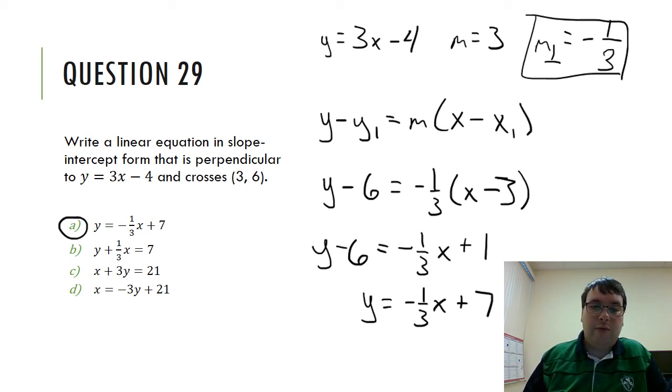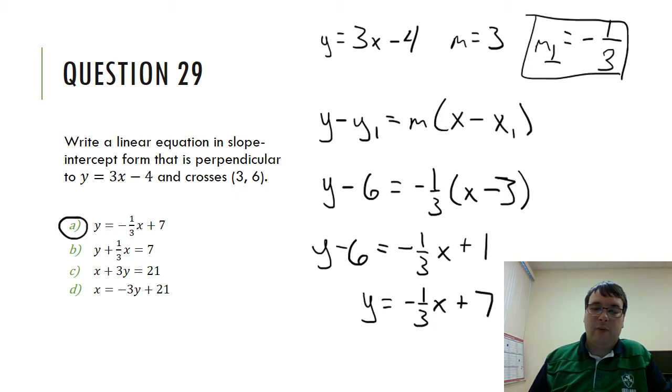Now, if you recall from earlier or from algebra, we can use point slope form to find our equation. So we're going to have y minus 6. 6 is coming from the point. Our slope is -1/3 x minus from the point 3. Awesome.